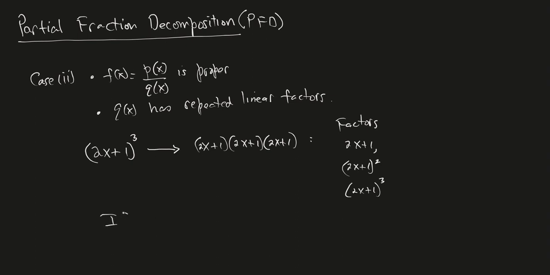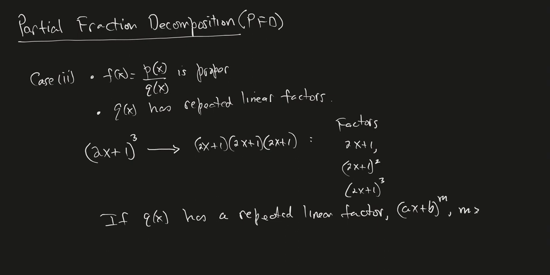So if q of x has a repeated linear factor, and it's of the form ax plus b to the m, and m is greater than or equal to 2, so that it's at least a repeated factor with multiplicity 2, but it could be a lot higher.